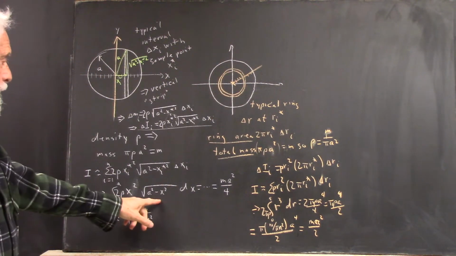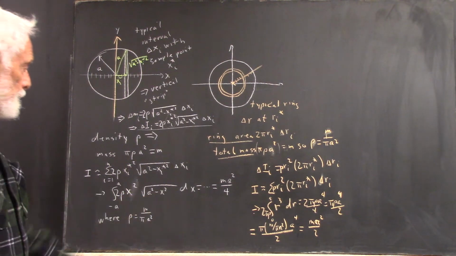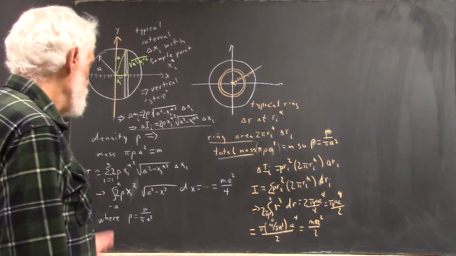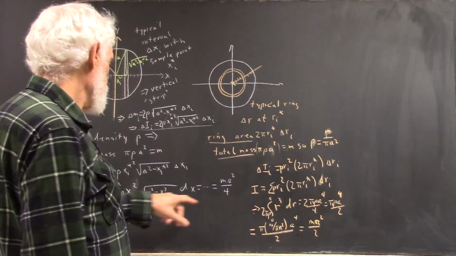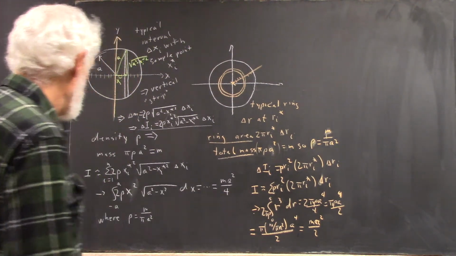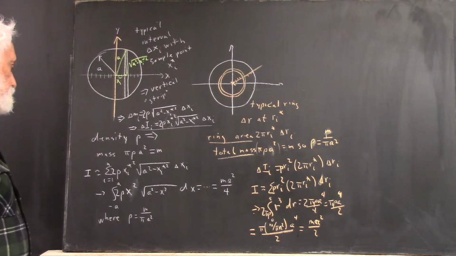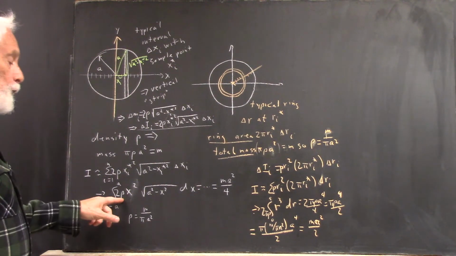Okay, in any case, one way or another you get this integral, and you work it out, and I believe if you work this integral out, you're going to get something in terms of rho.